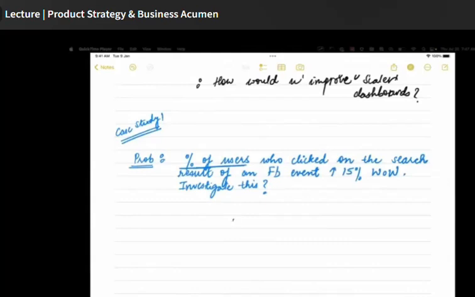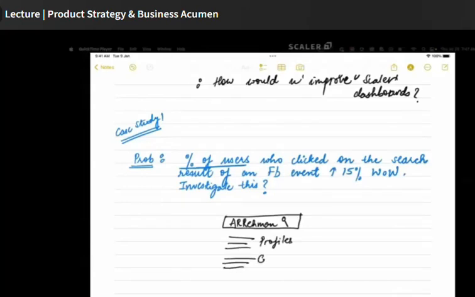So let's say I searched A.R. Rahman on the Facebook search icon. Now, whenever I search something, I'll get some results, like profiles with the name A.R. Rahman.